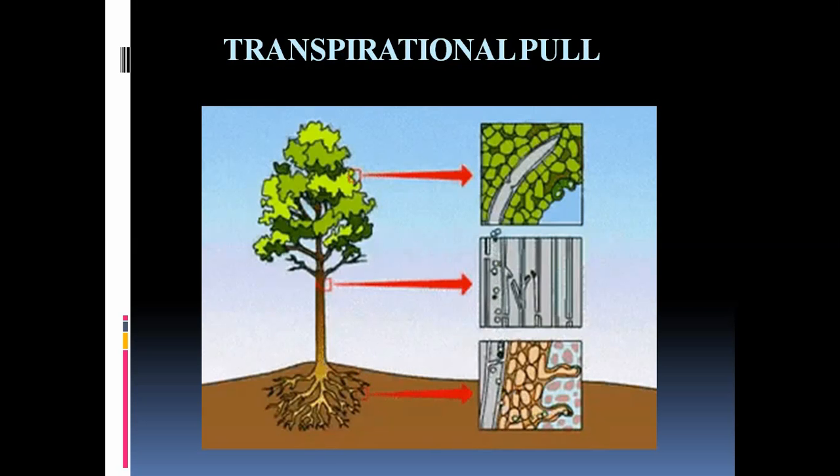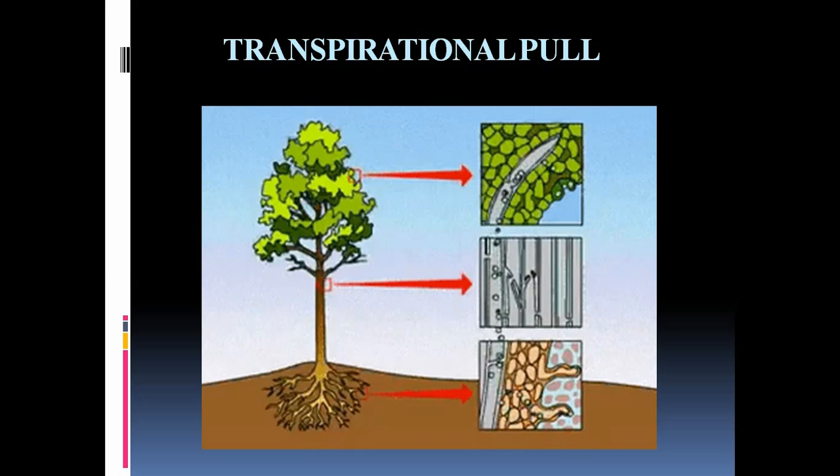Here you see how the transpiration pull is functioning for ascent of sap. Due to transpiration, what is happening? The plant is losing water from the aerial parts, and a void of water is developing there. We all know water molecules have the cohesion property.